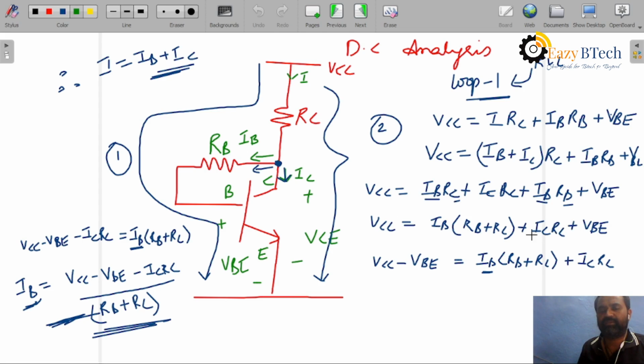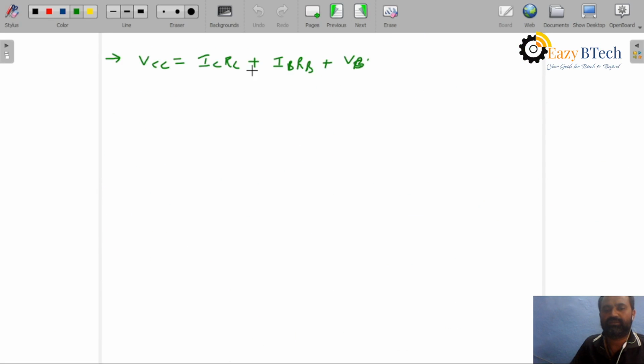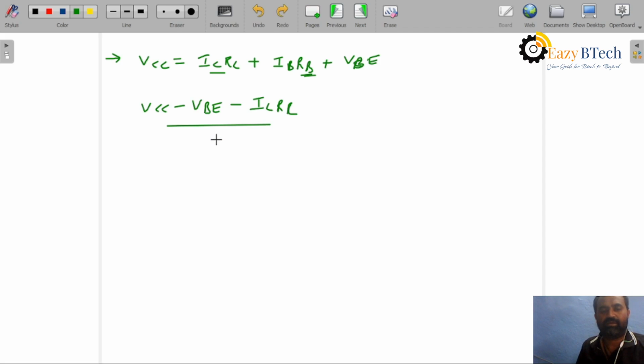Now from this we will find the value of RB, that is RB equals VCC minus VBE minus ICRC, divided by IB. Now what is the value of VCC? 12 volts, minus VBE 0.7, minus IC.